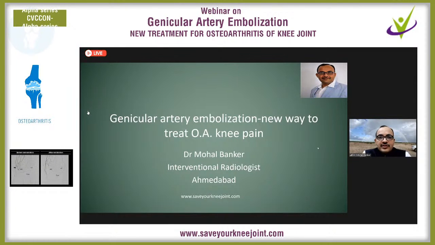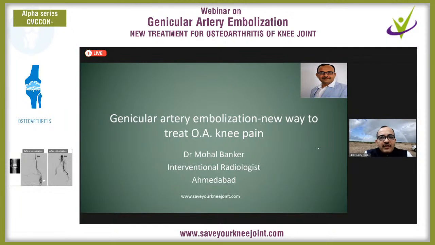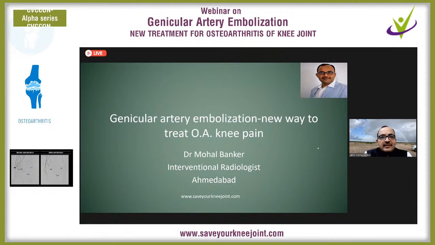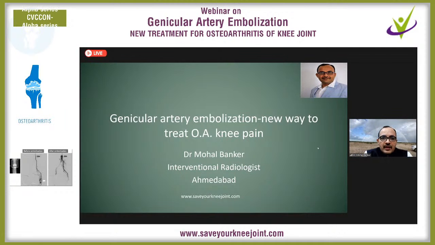What is neoangiogenesis? It is hypervascularity developed due to chronic inflammation, leading to the formation of new microvessels. These newly formed microvessels continuously release cytokines within the joint, and because of these cytokines, continuous destruction of the joint goes on.